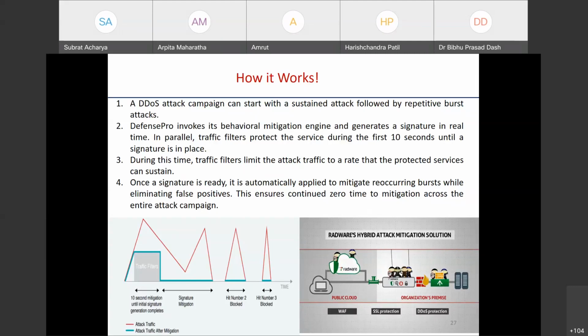So here I just wanted to show how, in a real-time environment, devices like web application firewall or any kind of real-time attacks, how this is being mitigated by DDoS or web application firewall. So that is the main thing I was trying to show here.